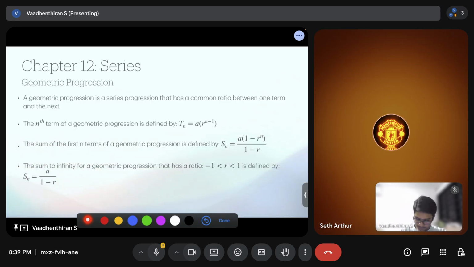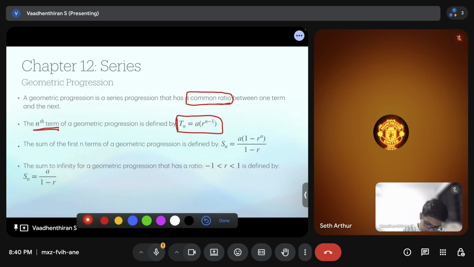Okay, so geometric progression is another type of series progression which depends on a common ratio. First we saw the common difference. Now it's a common ratio between one term and the next. So the nth term of the geometric progression can be defined as Tn equals A times r to the n minus 1.